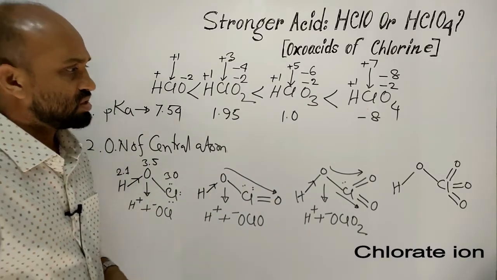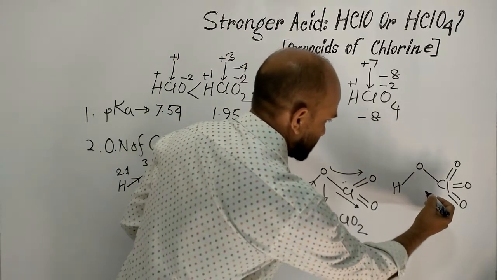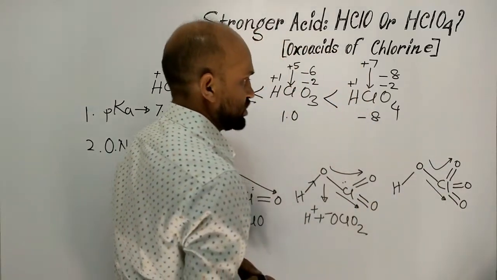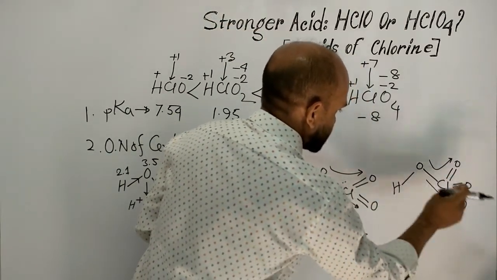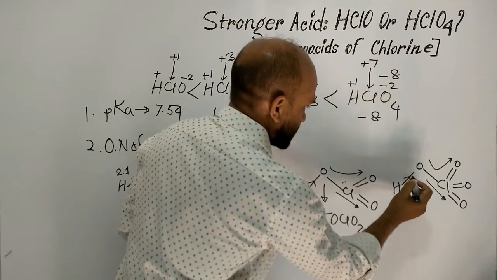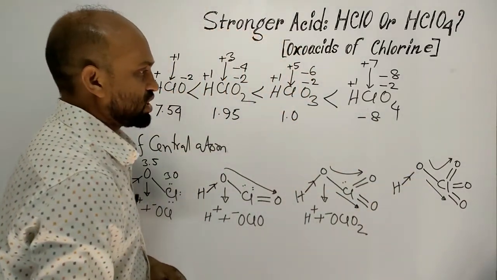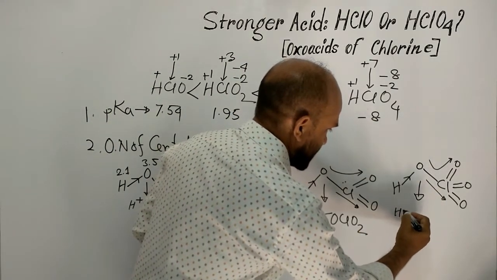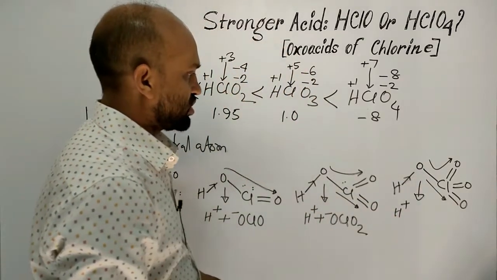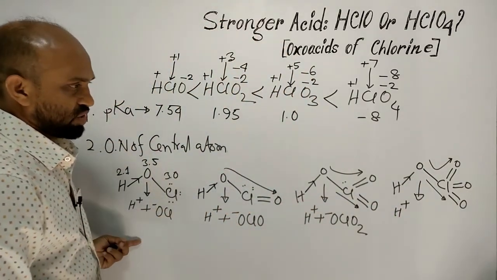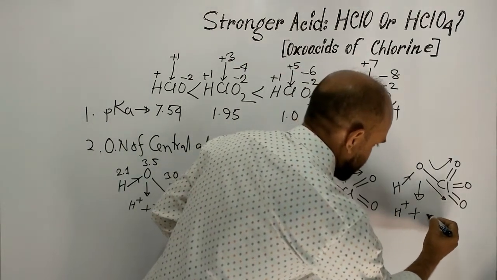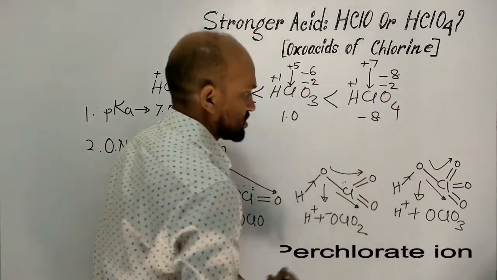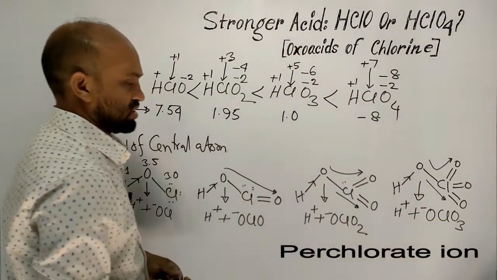Now let's see the last one, that is perchloric acid. Here there are 5 electronegative atoms with 3 additional oxygen atoms. That is why this bond gets polarized more and more easily, and for this reason hydrogen is freed as proton more easily than from all the 3 compounds, and an anion is formed, that is ClO₄⁻, the perchlorate ion.